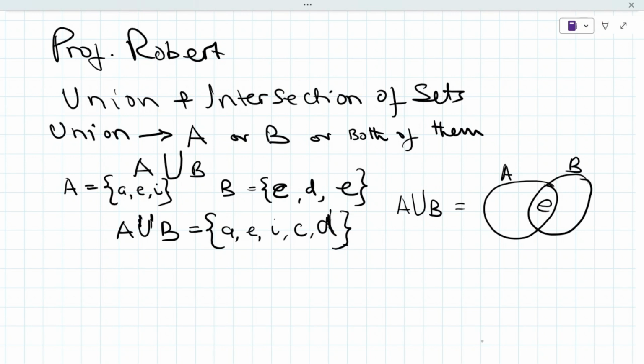And if element E is found in both, then in set A, we remain with A and I. And in set B, we only remain with C and D. And we draw a second circle around the union because two sets are coming together. And with all the elements listed in the diagram without a repetition.